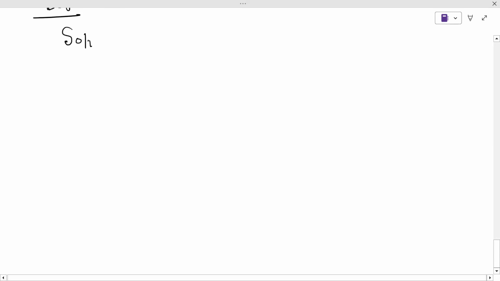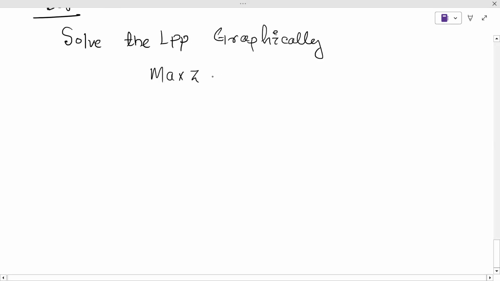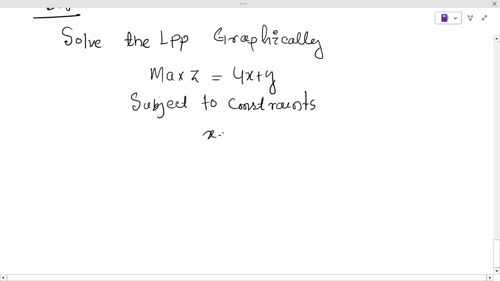Solve the linear programming problem, or LPP, graphically. The question is: maximize z equal to 4x plus y, subject to the constraints x plus y less than or equal to 50, 3x plus y less than or equal to 90, and x and y both are positive.